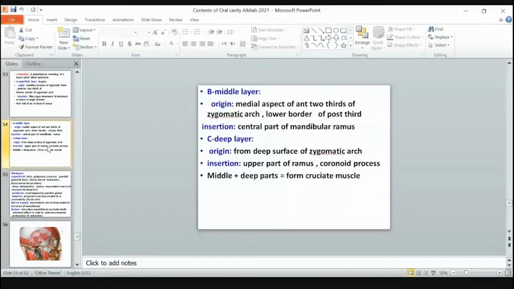Middle layer: origin, medial aspect of the anterior 2/3 of the zygomatic arch and lower border of the posterior third; it inserts into the central part of the mandibular ramus. The deep part: origin from the deep surface of the zygomatic arch; it inserts into the upper part of the ramus and coronoid process. The middle and deep parts form a cruciate muscle, and are considered in most books as one part.